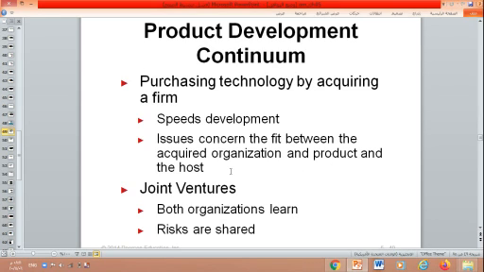So this issue of product development is whether to complete the product by yourself, by your organization, or by the team which is acquired.